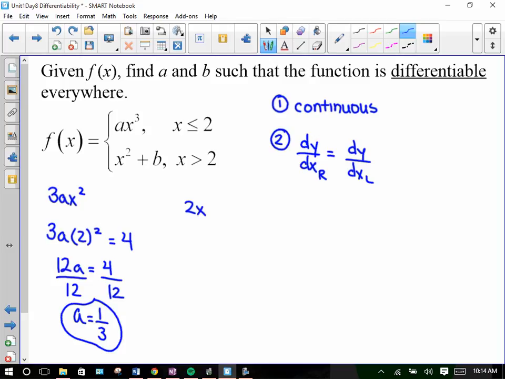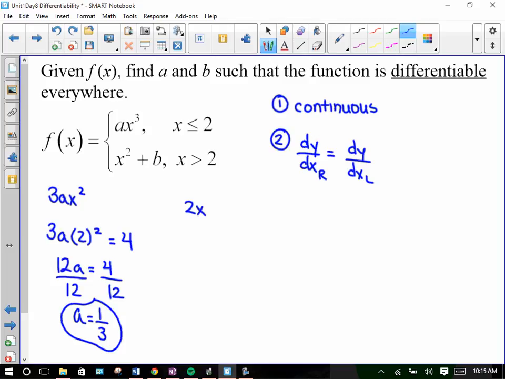Now I need to figure out what B is. Now this is going to be where the whole thing about it being continuous comes into play. In order for this to be continuous, we know that the left side of this equation must approach the same thing as the right side. So what we know is that when I plug in 2, this should be equal to this. Now I know what x is. X is 2. I know what A is, 1/3.